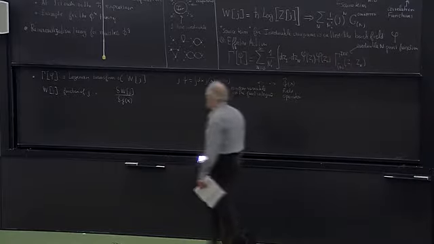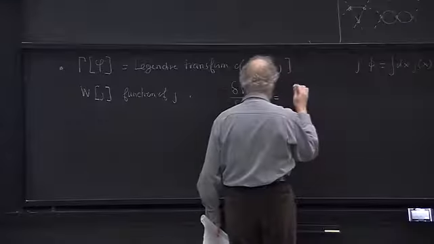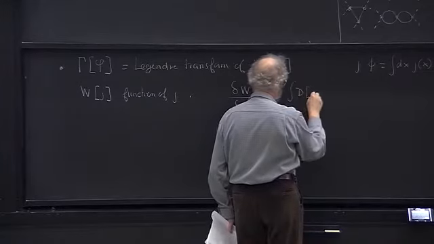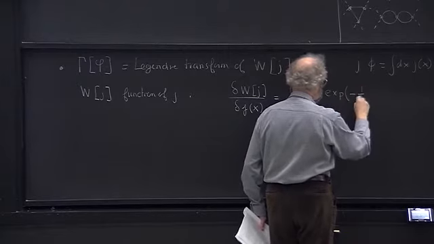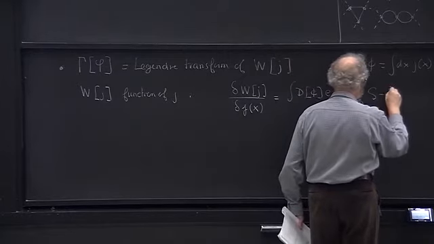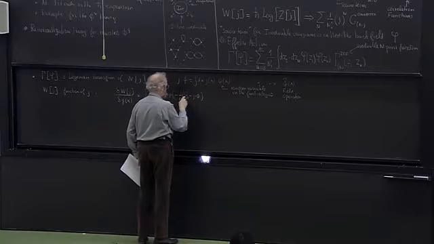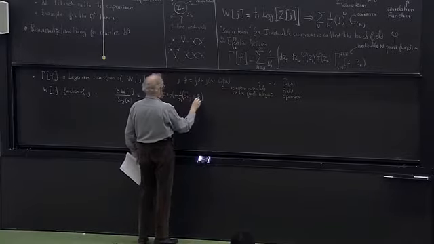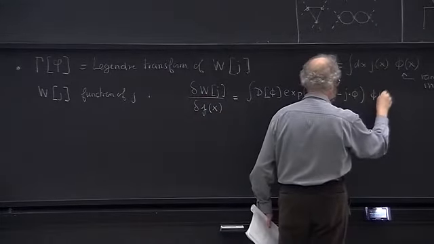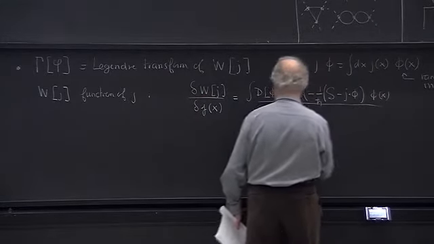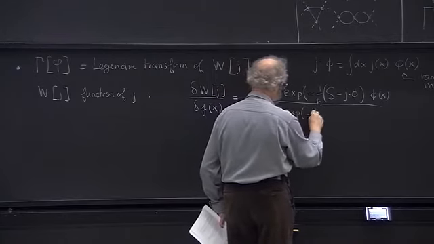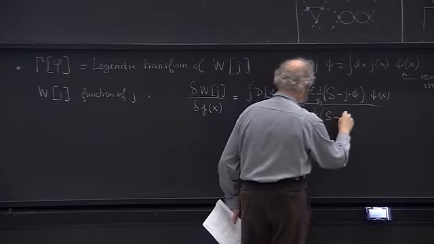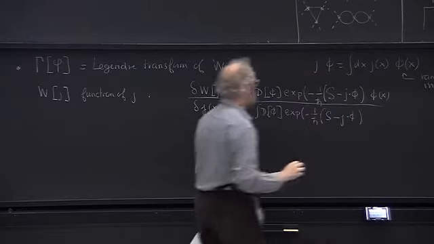Let us rewrite it. This is the integral d phi, exponential of minus 1 over h bar, S minus G dot phi, where S is S of phi, times phi of x, divided by the integral d phi, exponential of minus 1 over h bar, S minus G dot phi, with no phi.